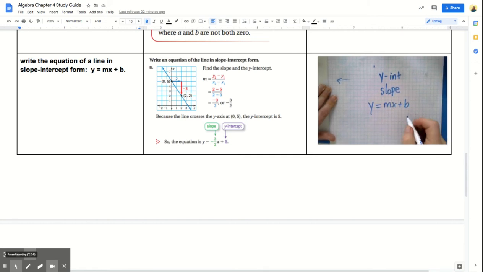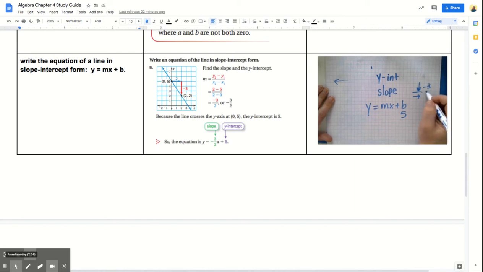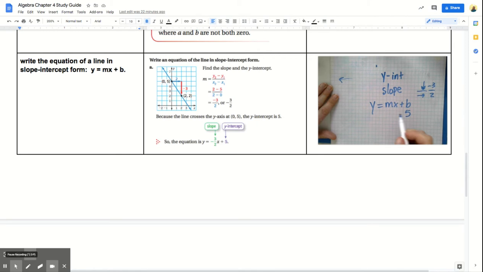We know our b is going to be 5 because it crosses the y-axis over there at 5. And our slope, remember, it's the rise over run. So let's remember, it looks like we're going down 3 and over 2. So our slope is going to be -3/2 x, and then voila, we have it in slope-intercept form.